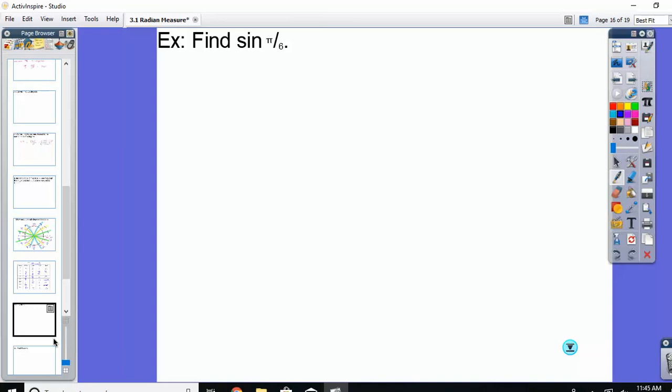So if I wanted to know the sine of pi over 6, eventually we'll get to the point where we just see pi over 6 and we don't necessarily have to convert it. But right now, if I see that, I'm thinking, okay, pi over 6 is the same as 30 degrees. And I know the sine of 30 is 1/2. Okay, I don't want you just copying it off that table that we filled out. Use the table to check yourself, but make sure you can figure these out on your own.